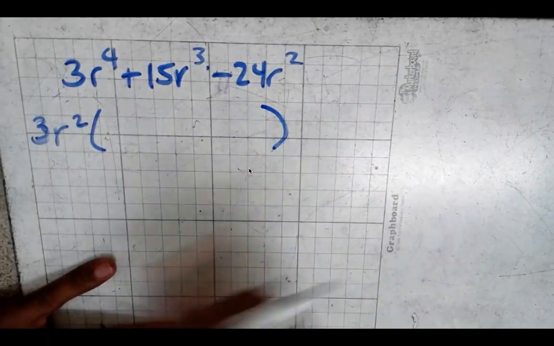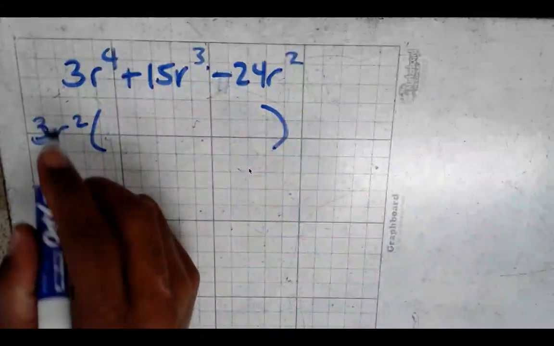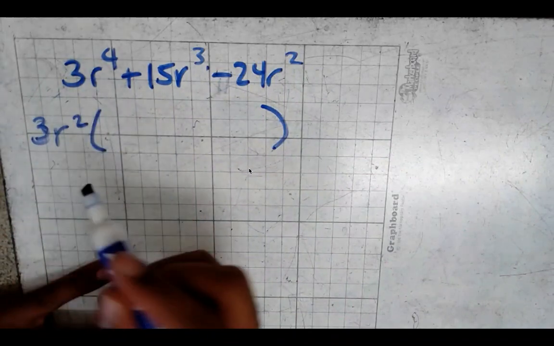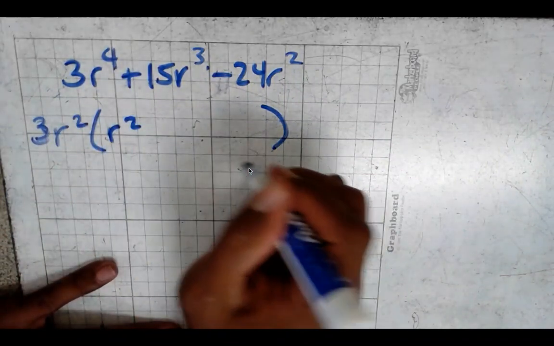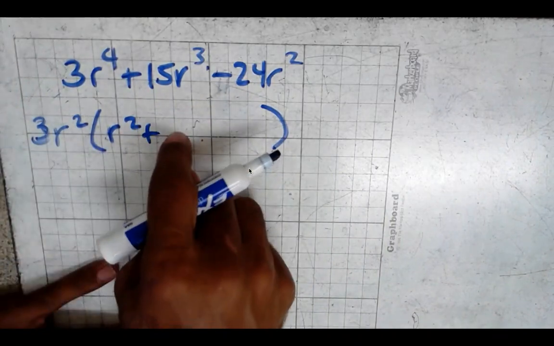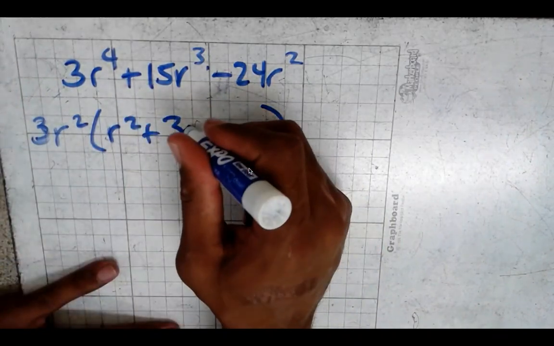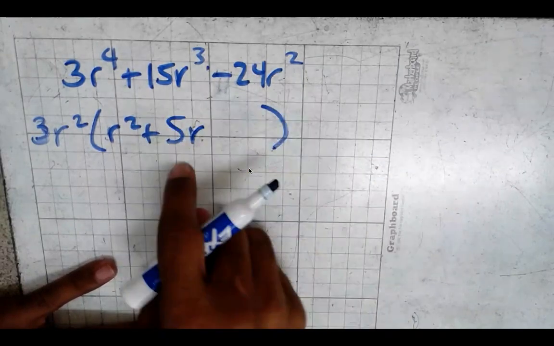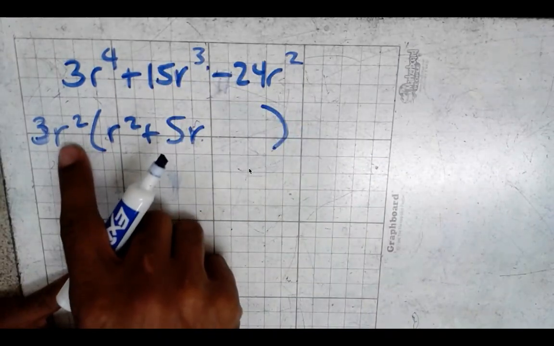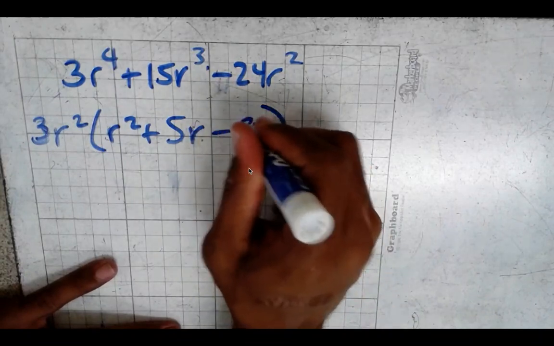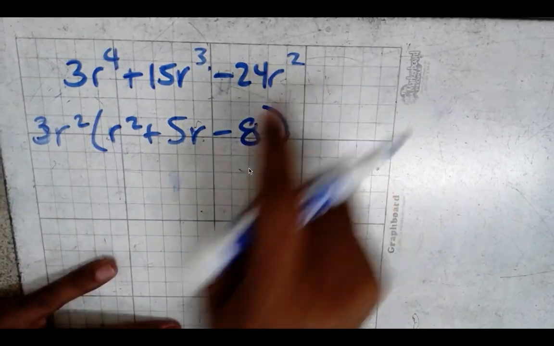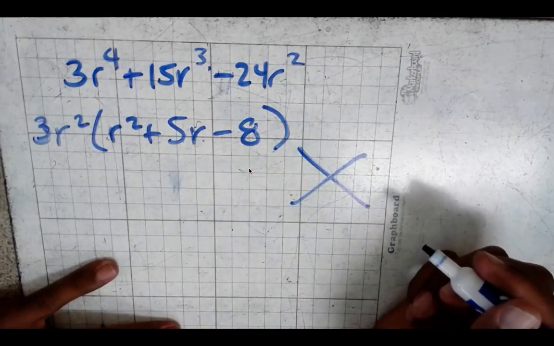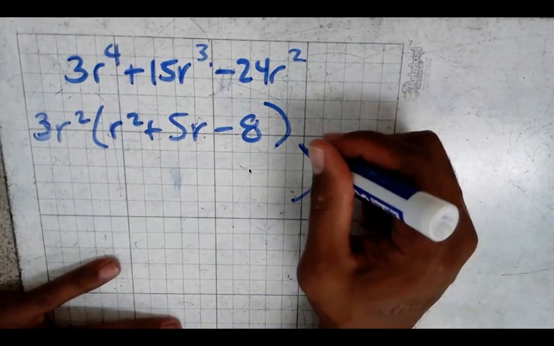Now I need to write out the terms in the factor. 3r squared times what gives me 3r to the fourth? That will be r squared. Then 3r squared times 5r gives me the second term, and 3r squared times minus 8 gives me the third term. Now, can I factor it even further?